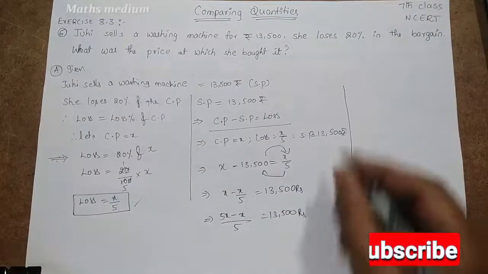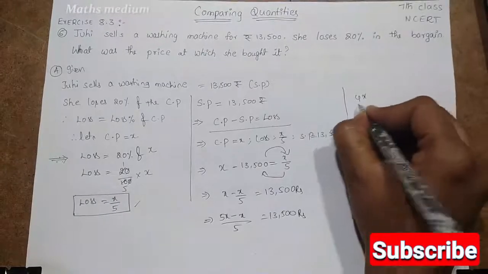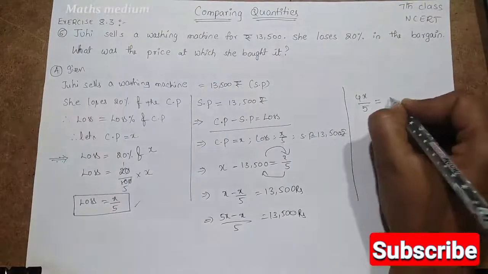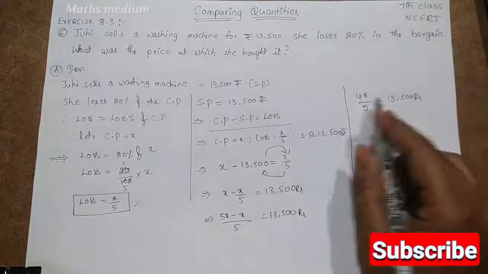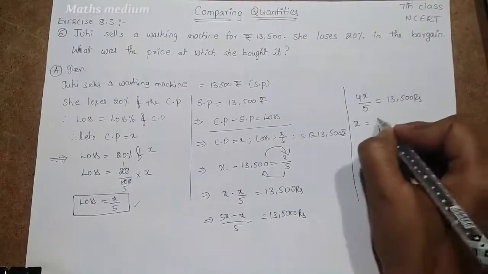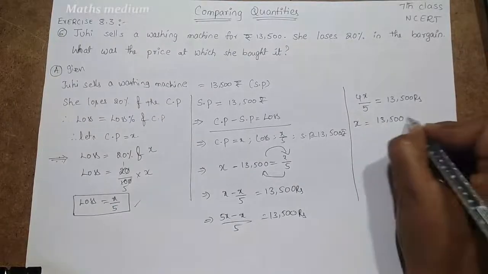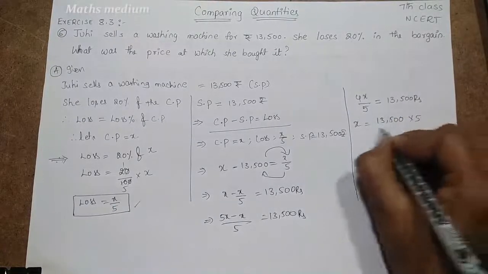Now 4X by 5 is equal to 13,500 rupees. Now we have to find the X value. X is equal to 13,500 into 5 divided by 4.